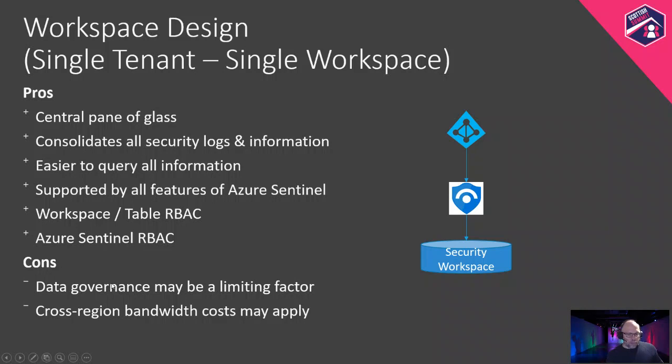Data governance might be a limitation here, because maybe you don't want to have all the security logs and all the information in a single workspace, making it difficult to grant access to different types of users, departments, or even companies inside your organization structure. But going with this architecture is the easiest way, with the least overhead and administrative effort.